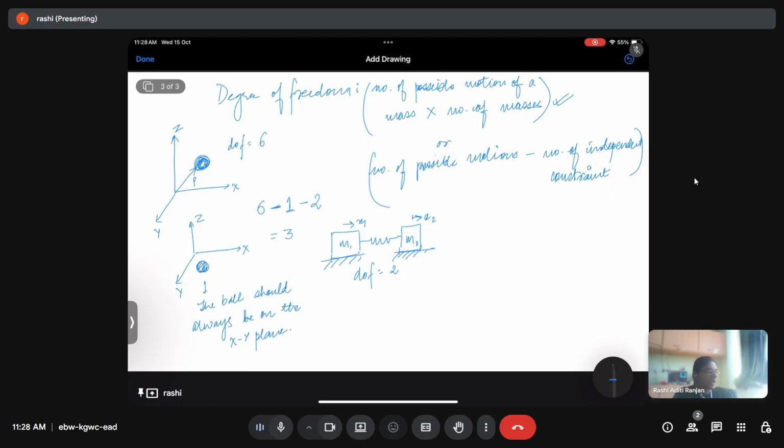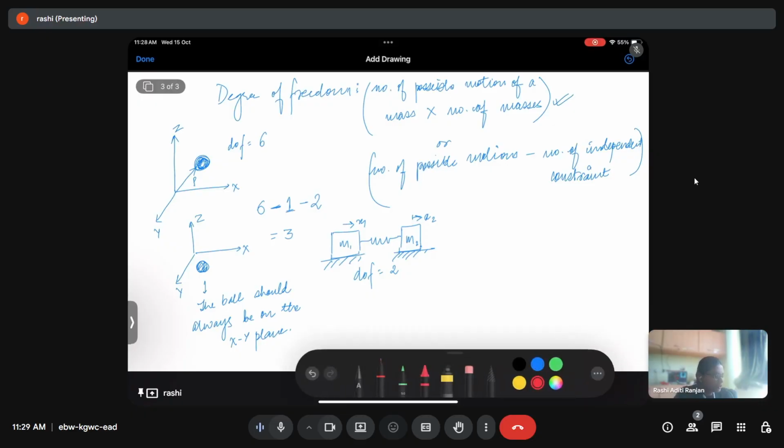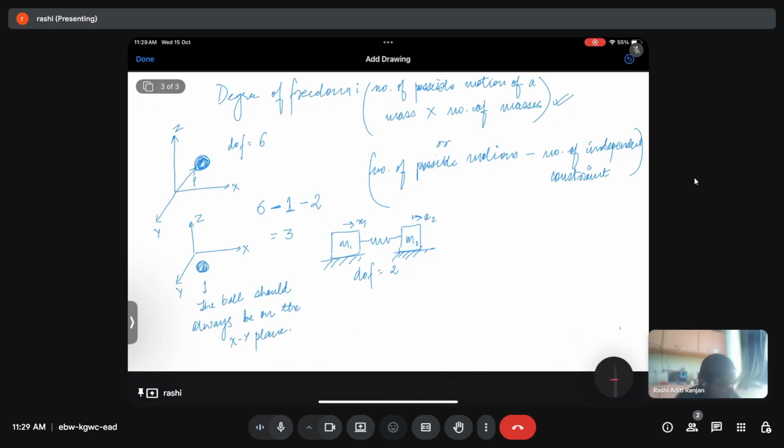But what if I now try to bind it or apply a constraint on it, like this? Now this is a rod.